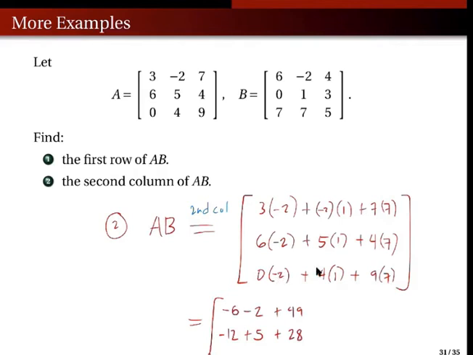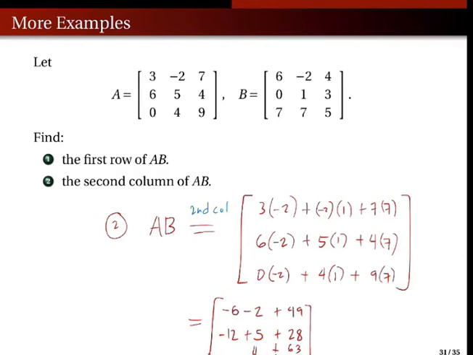Third entry, you have 0, plus 4, plus 63.